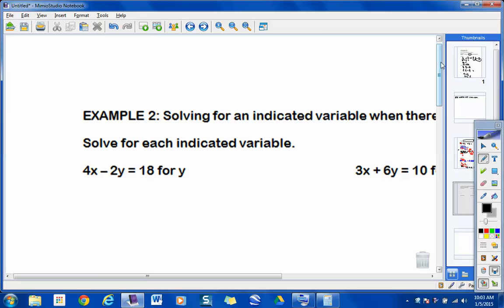What variable does it say we're solving for? When I tell you you're solving for y, that means you have to get y all alone. So we have to have y equals something over here. You might have y equals some mess over here. But as long as I get that y value all by itself, you are done.